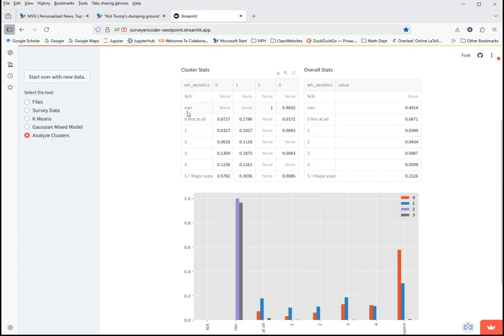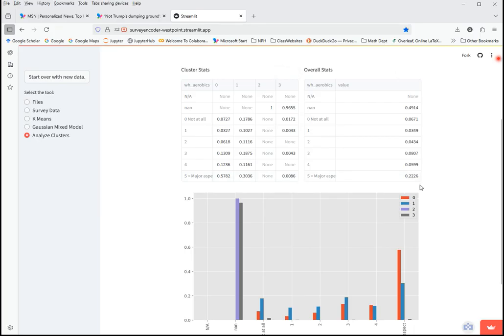So, for example, if you're looking at NaNs, if you look across, you can see for group 2, every one of them did not answer this particular question. Group 3, 96% of them answered the question. But overall, 49.14% didn't answer the question. As far as 5 goes, cluster 0 had 57%, cluster 1 had 30%, cluster 3 a very small number.